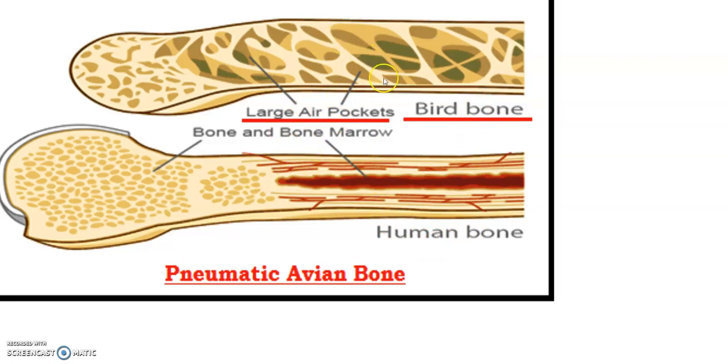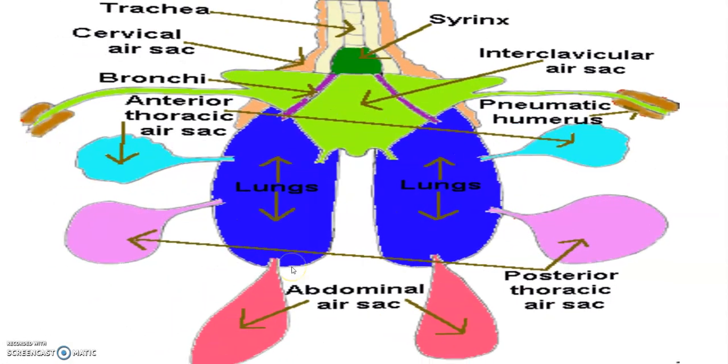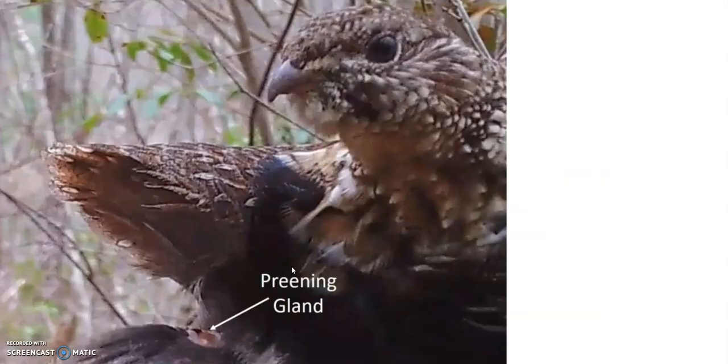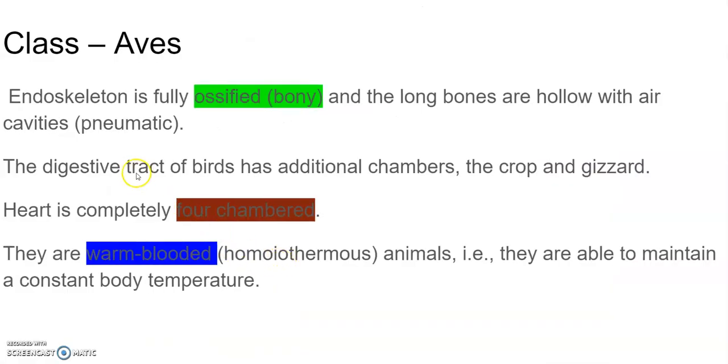Here there are large air spaces, but here we don't find them. This is called pneumatic bone, avian means bird bone.